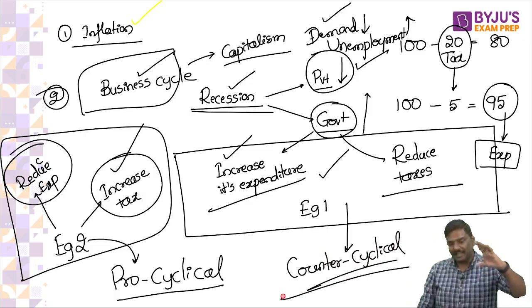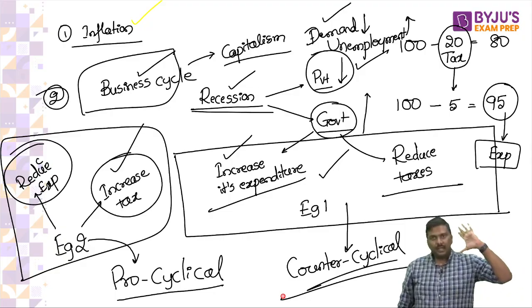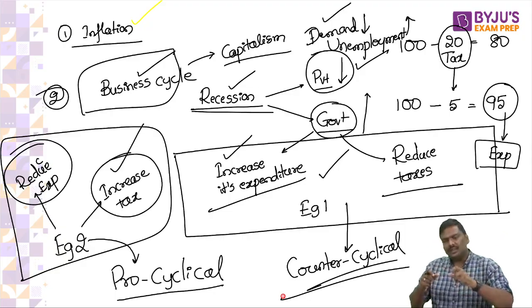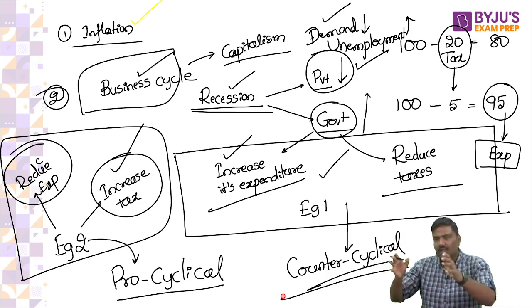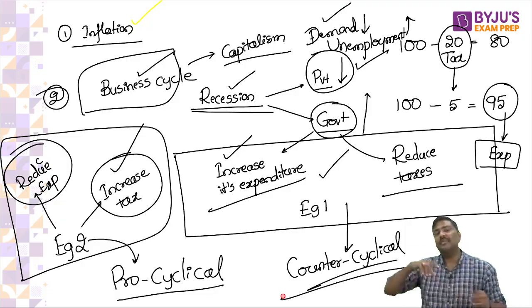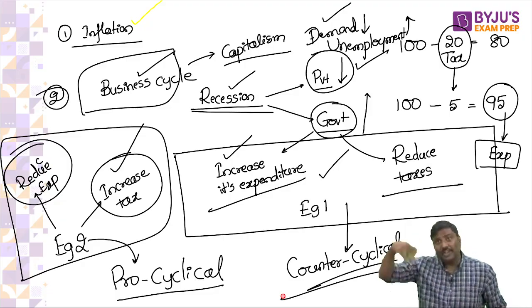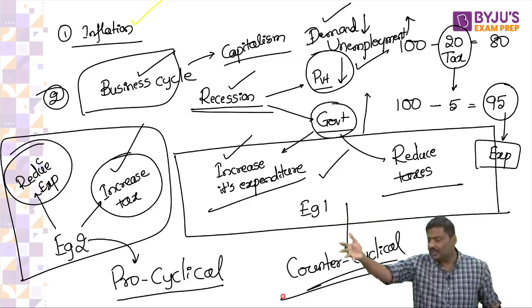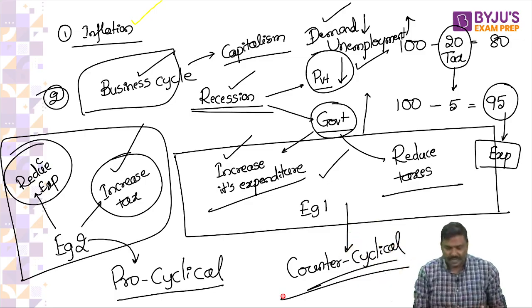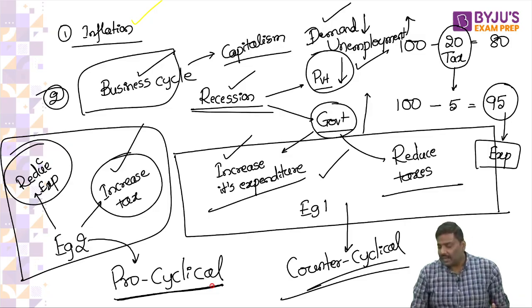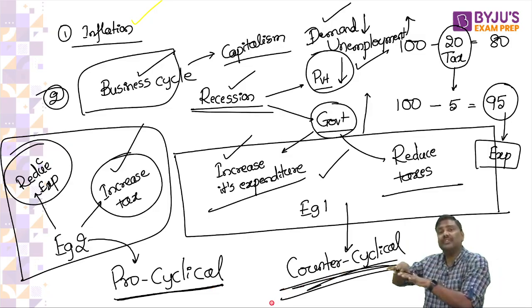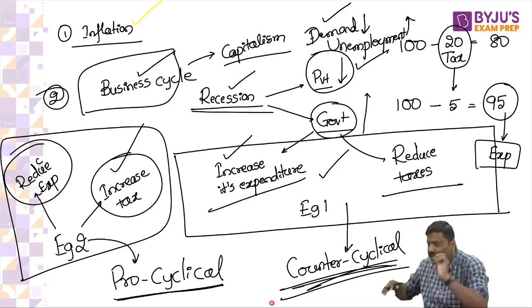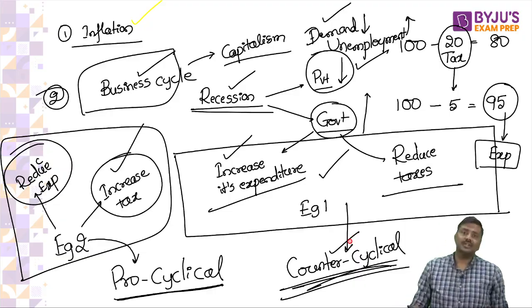Any difficulty, please do let me know. Whenever there is a certain phase in the economy, if the government policies make the phase more intense, that is pro-cyclical. If the government reduces the impact and severity of the phase, that is counter-cyclical.